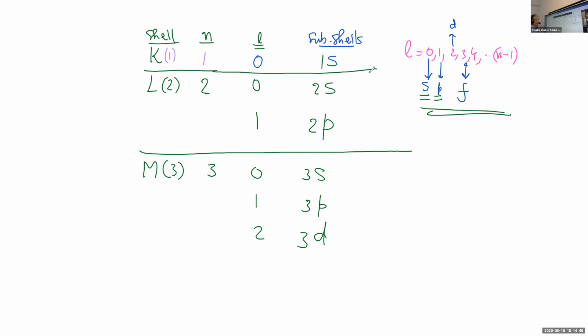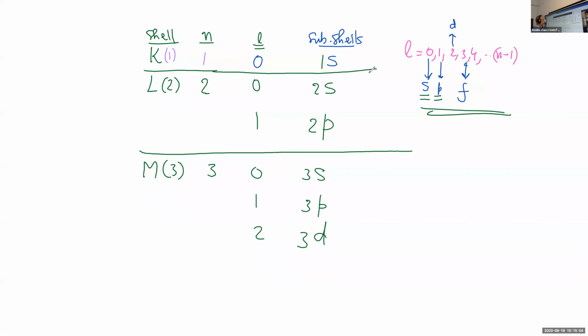So, in the third shell, that is the M shell, the principal quantum number n is equal to 3. So 3 L values are possible, and these are 0, 1, and 2.